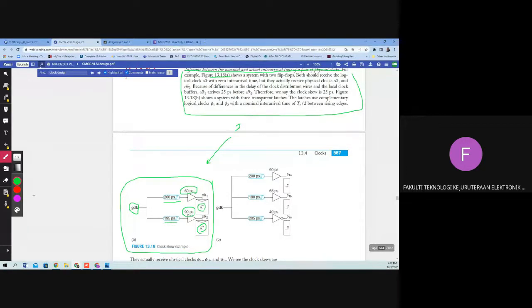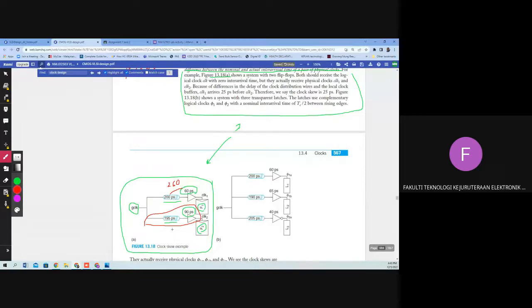You sum up 200 plus 60, and you get 260 picoseconds. That's the total delay for path number 1. And then here you sum up 195 with 60, and the longest delay belongs to this path.